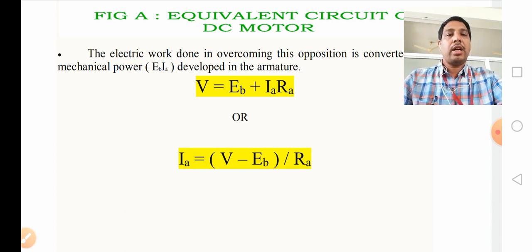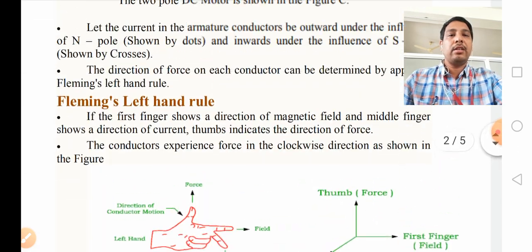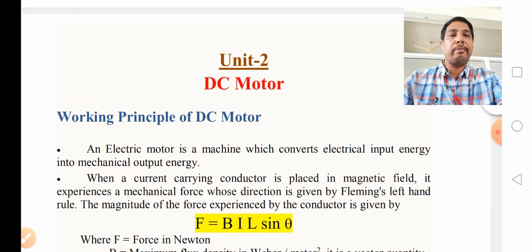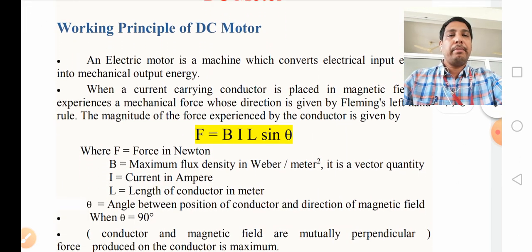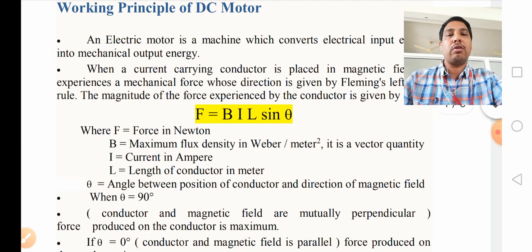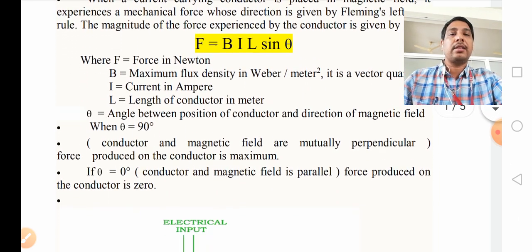Now I will summarize again. Compared to the motor case, the motor and generator have similar parts, but the basic principle changes according to Faraday's laws of electromagnetic induction. The force or torque produced in the DC motor can be calculated using BIL sin theta.